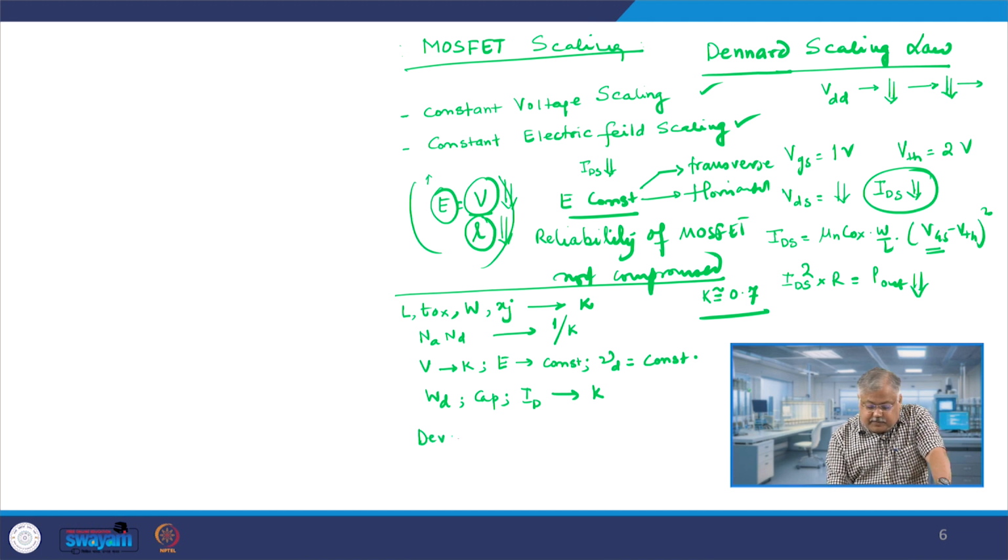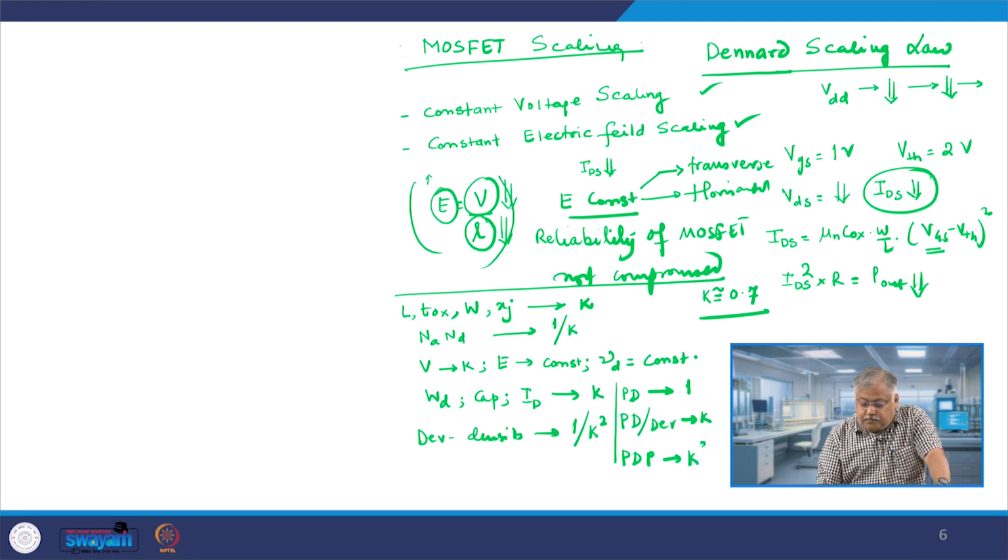Device density, devices per unit area, changes by a factor of 1 by k square, right. Your total power dissipation has no change, and power dissipation per device changes by a factor of k square, and power delay product changes by a factor of k cube.